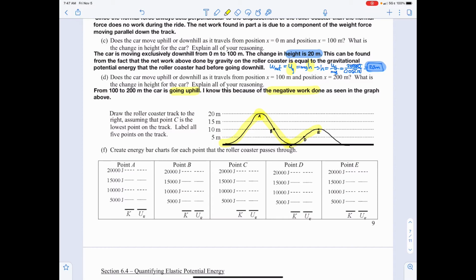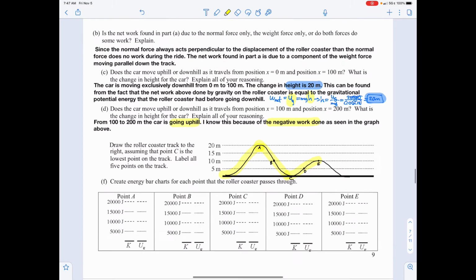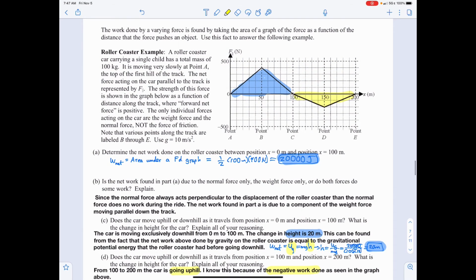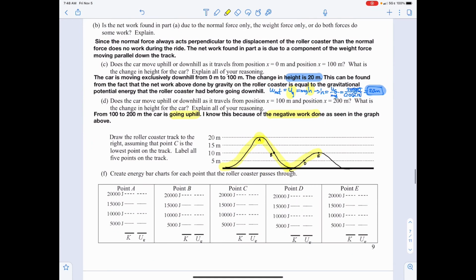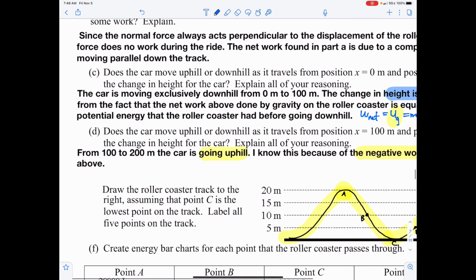the way. Okay, and how do we know this? Well, we can figure that part out too. If you look at the area of that, it has the same base but half the height. So same base but half the height means it's half this area right here. The work from 100 to 200, that region right there, is negative 10,000 joules.